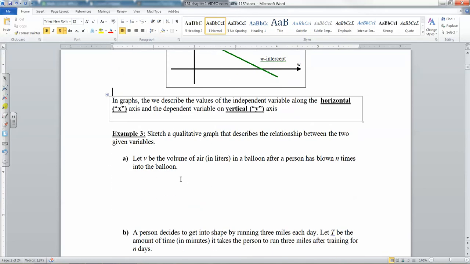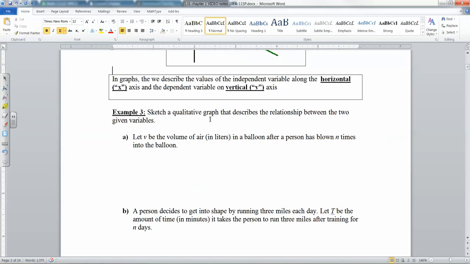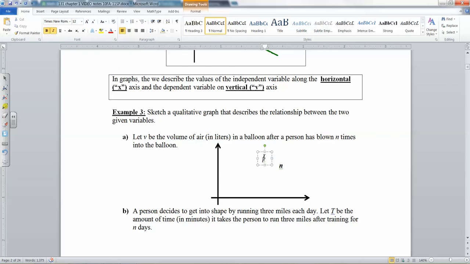All right, next we are going to sketch a qualitative graph that describes the relationship between the two variables. All right, let me pause and I'll be right back with a graph. Okay, so I drew the two axes, the horizontal and the vertical, and now I've got to decide which one's the dependent and which one's the independent. So I've got my V and I've got my N. The volume of the balloon depends on how many times you've blown into the balloon, right?